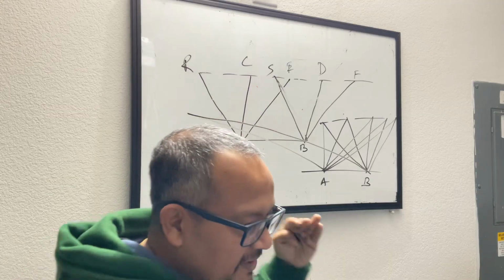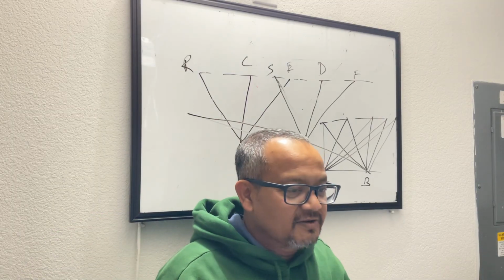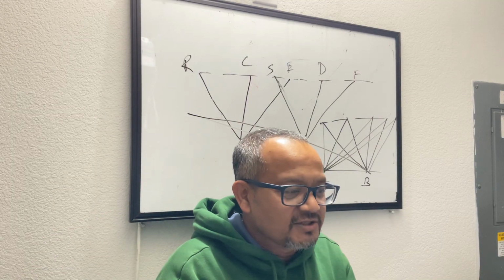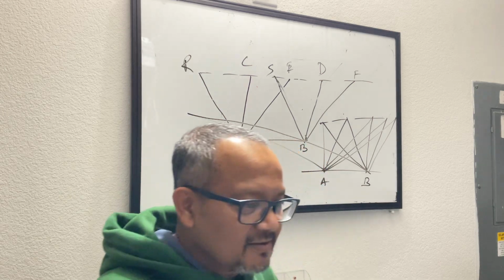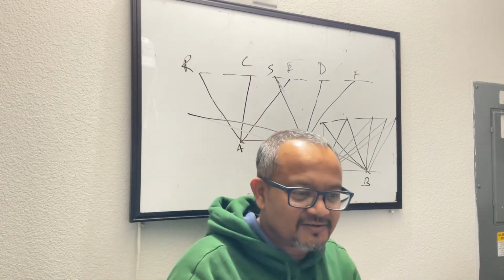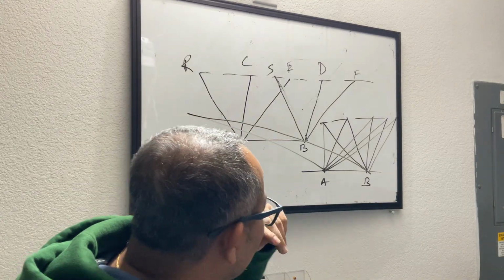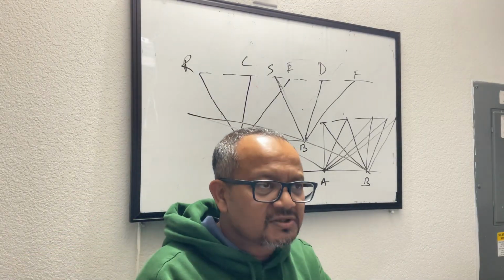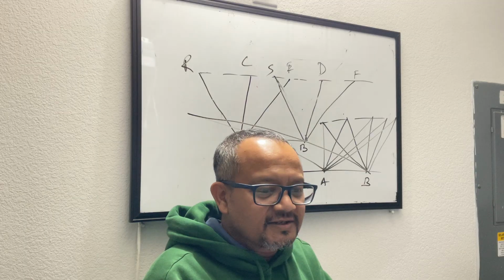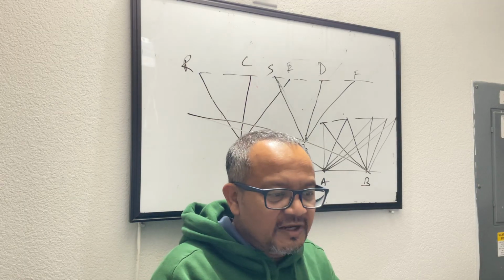So when I was your age, as old as you guys are right now, 30, 35 years ago, when I saw this concept for the first time, I was scratching my head. And that is when I started losing my hair.